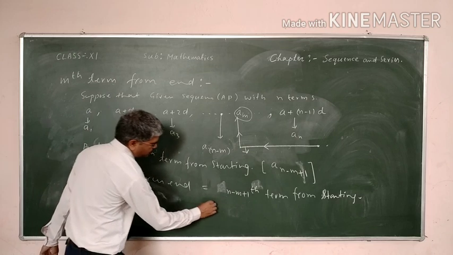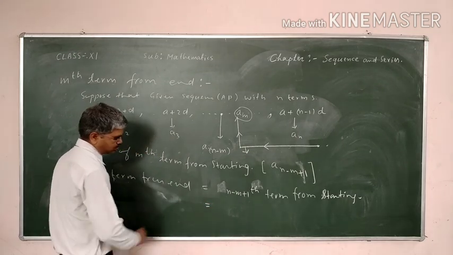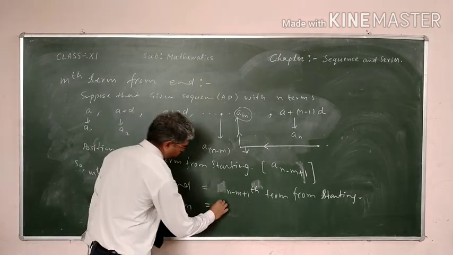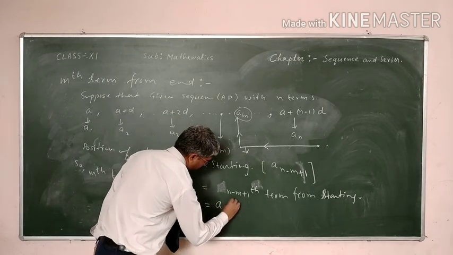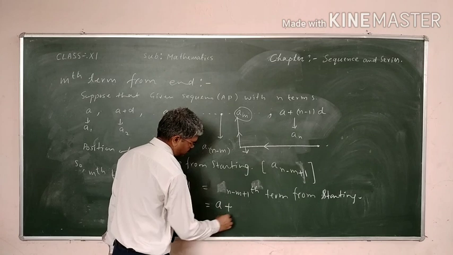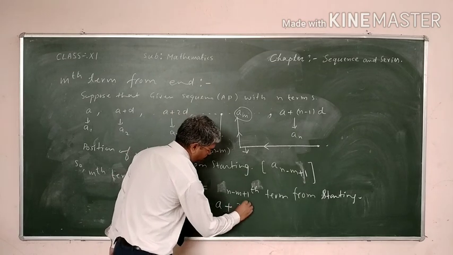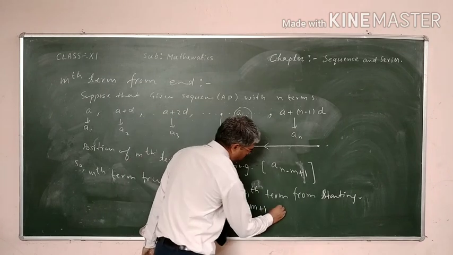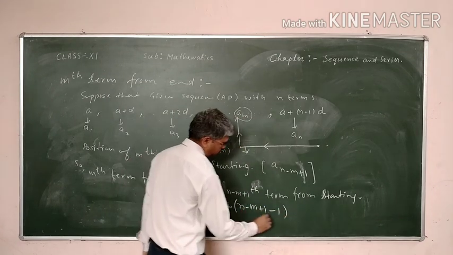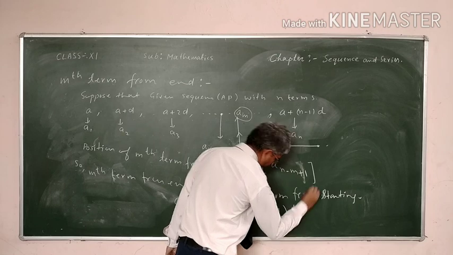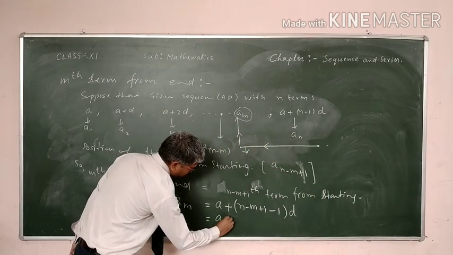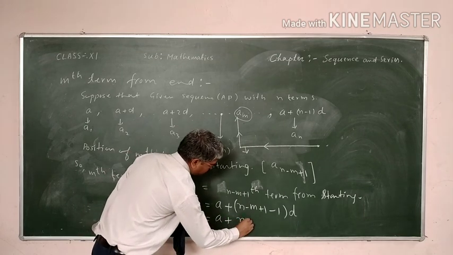So by formula, am is equal to a plus n minus m plus 1 minus 1 into d. We have to find it out: a plus n minus m into d.